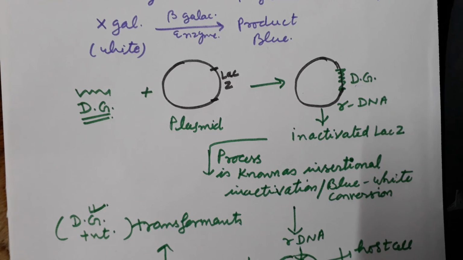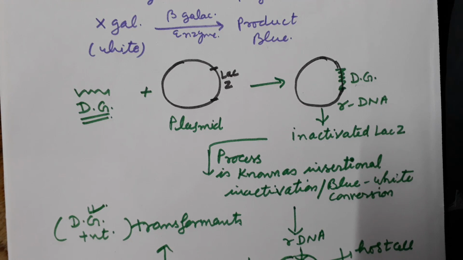Because of this, when we insert this recombinant DNA into the host cell, the X-gal substance does not convert into a blue product and remains white. Insertional inactivation is very important because the blue color does not appear. It means it is a transformant. It contains the desired gene.